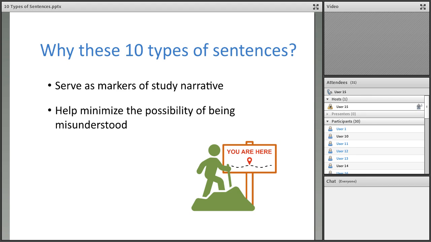But I think it's very important to use these guideposts to tell reviewers and readers, yes, this is what we're talking about in the paper now, just to make sure that the manuscript is extremely easy to understand.